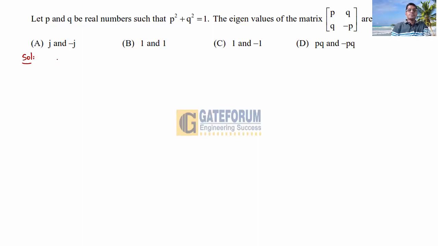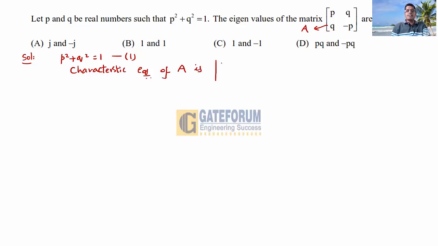Now, P square plus Q square is equal to 1. This is given. So let us denote this matrix by A, capital A. Characteristic equation of matrix A is determinant of A minus lambda I, that is P minus lambda, Q, Q, minus P minus lambda.